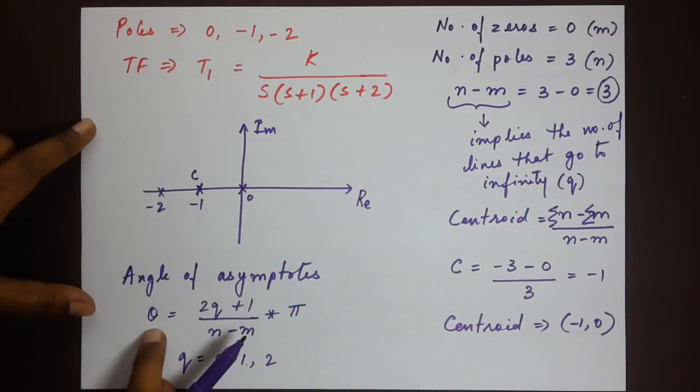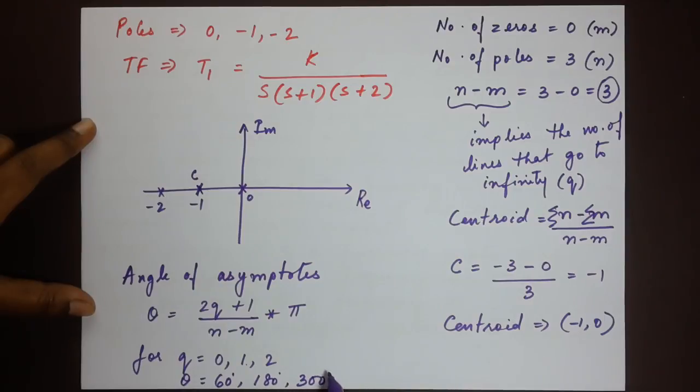Okay, so the angles you get should be: when you substitute 0, you will get an angle of 60 degrees. When you substitute 1, you will get a value of 180 degrees. And when you substitute 2, you will get a value of 300 degrees. Now 300 degrees can also be written as minus 60. So our angles are 60, 180 and minus 60.